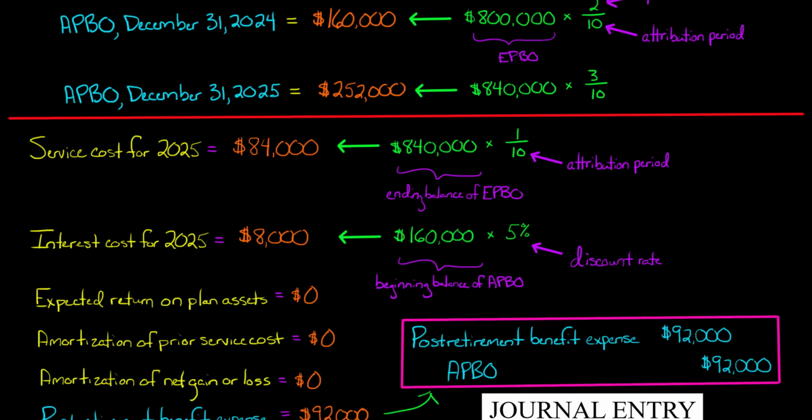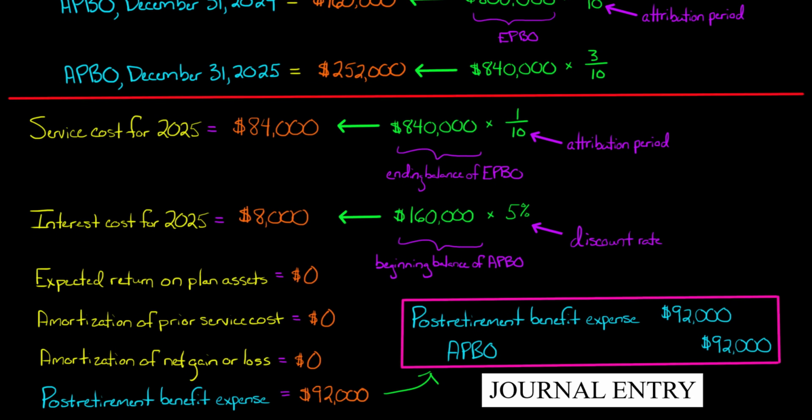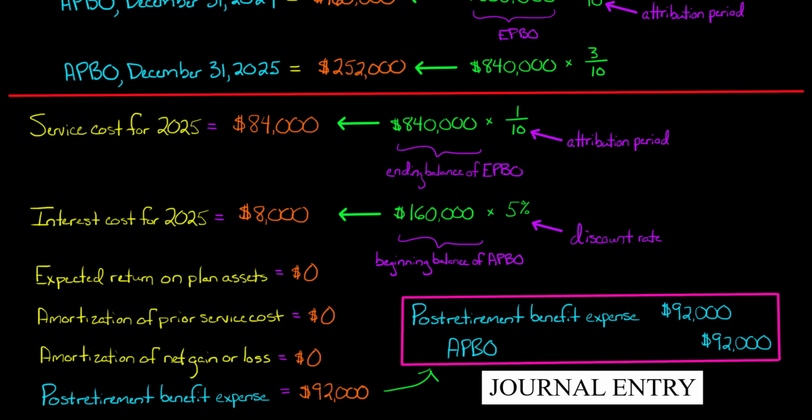Now, in this example, there's no amortization of prior service costs and no amortization of a net gain or loss, so we don't have to worry about those either. So the only things we have are service cost and interest cost. We add them together, 84,000 plus 8,000 is 92,000. So that is our total post-retirement benefit expense for the year ended December 31st, 2025.